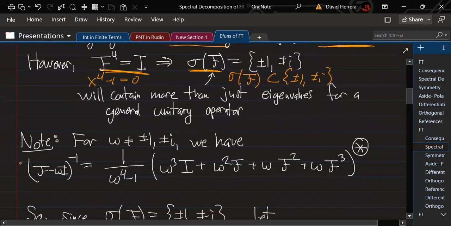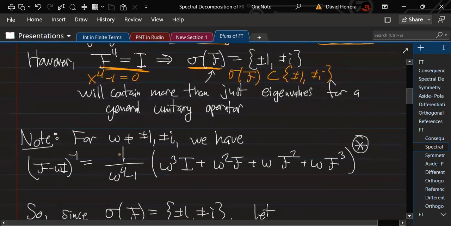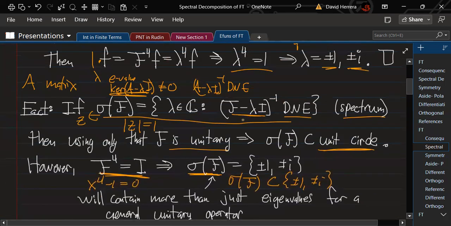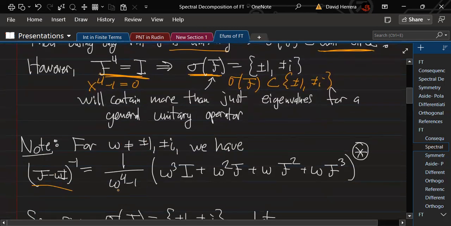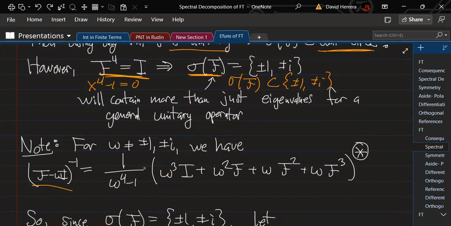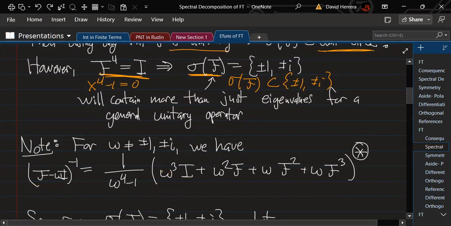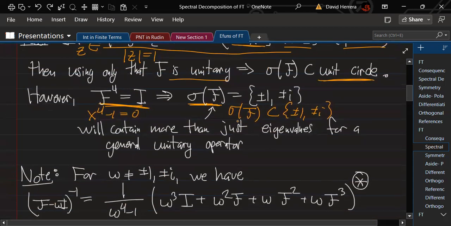So note, you can actually write down what the inverse is. This inverse here, I wrote it with omega instead of lambda. If you have omega, which is not equal to plus or minus 1 or plus or minus i, then you can actually write out what the inverse is. And you can then check that this thing is the inverse, which is kind of nice. And this identity right here proves this inclusion here.